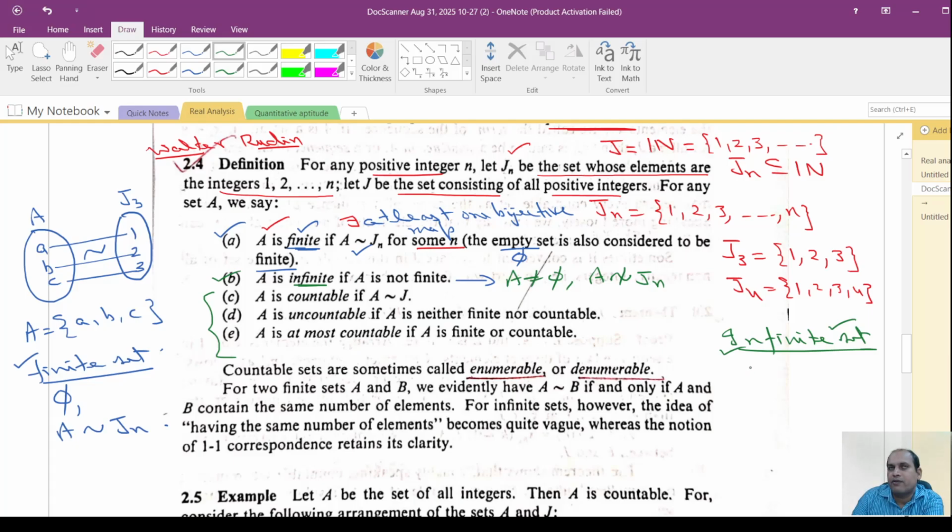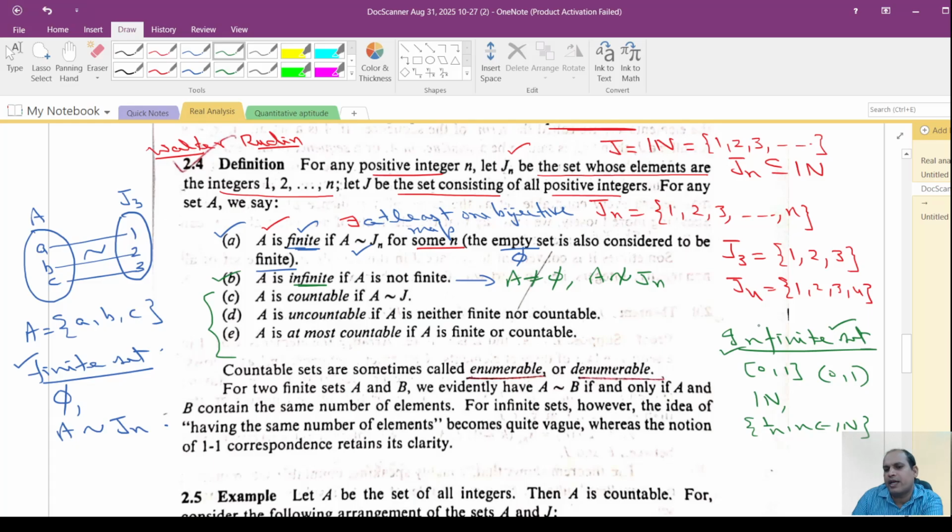For example, open interval (0,1), non-trivial intervals, I mean except singleton and empty set, the set of natural numbers, and the set 1/n where n belongs to N, all these are infinite sets.